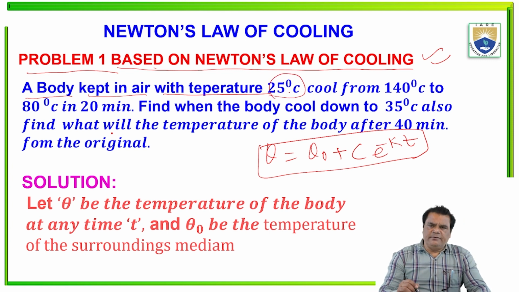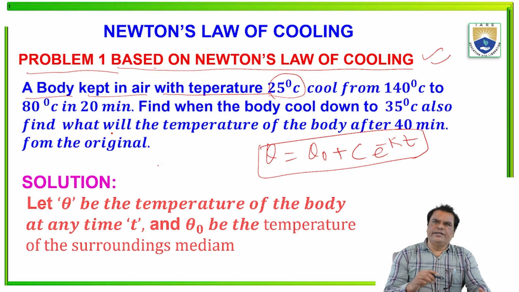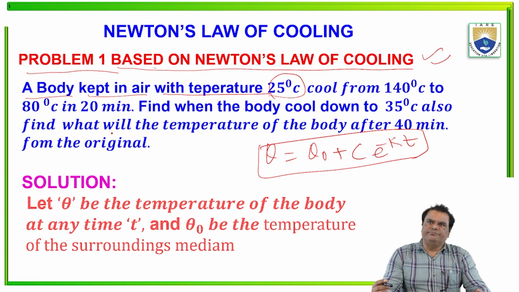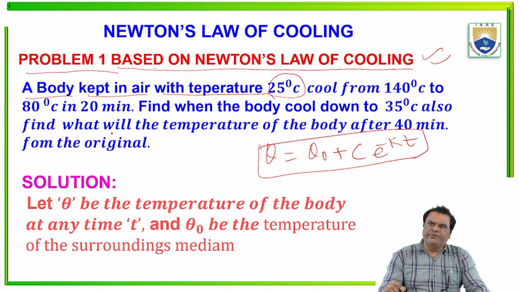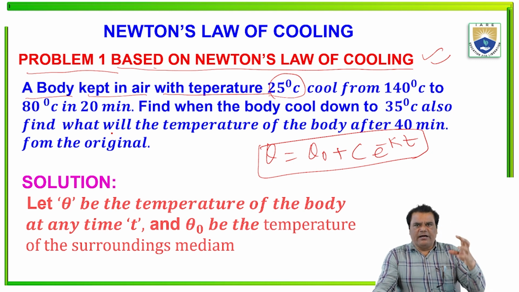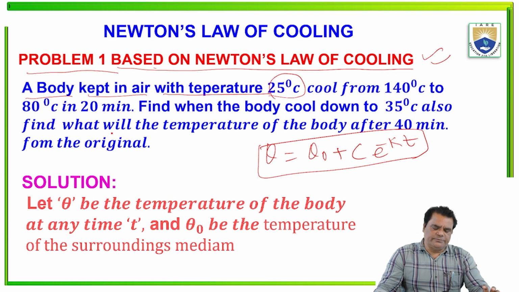This is the temperature of the air medium, that is, theta naught, so theta naught is 25 degrees. The body cools from 140 degrees centigrade to 80 degrees centigrade in 20 minutes.